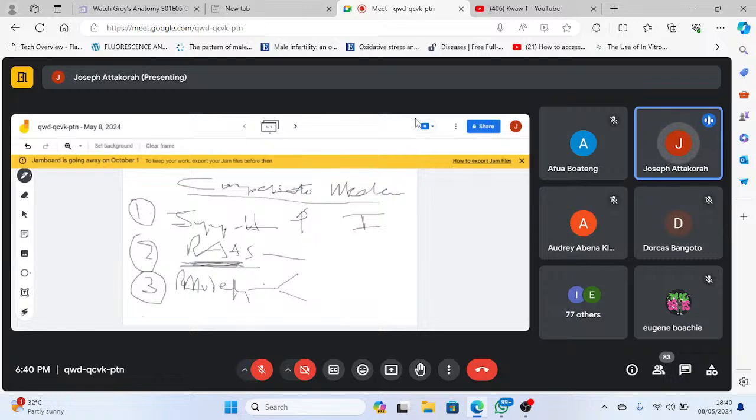If I say residual volume, you understand. You understand residual volume? Yes or no?